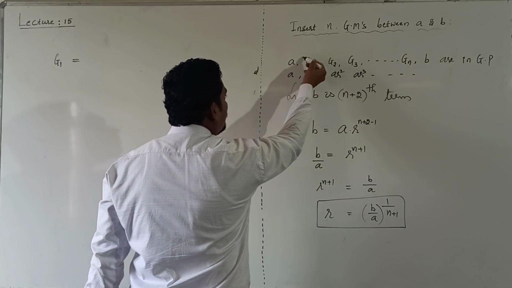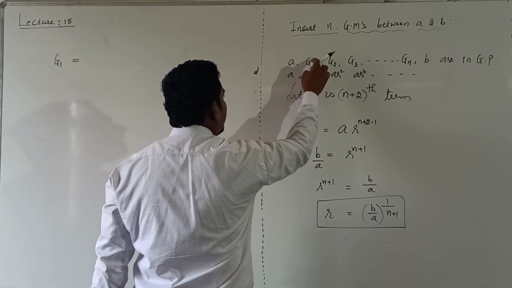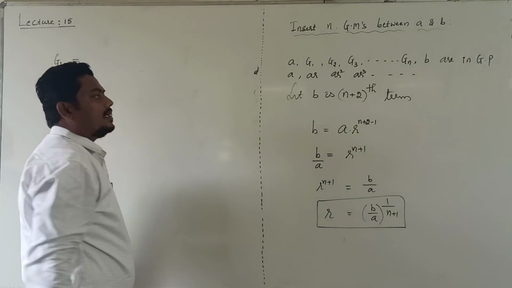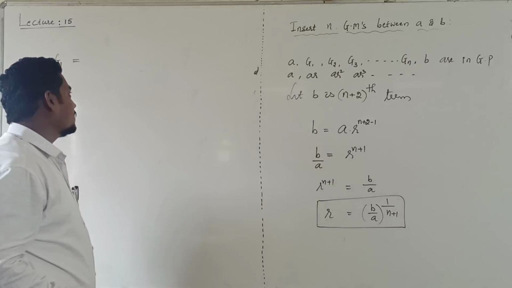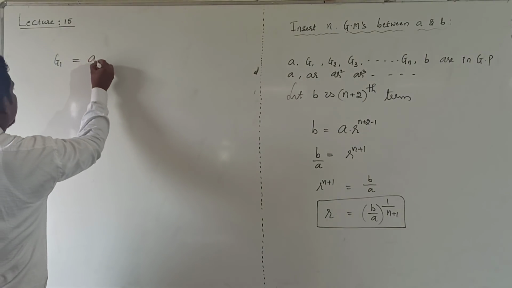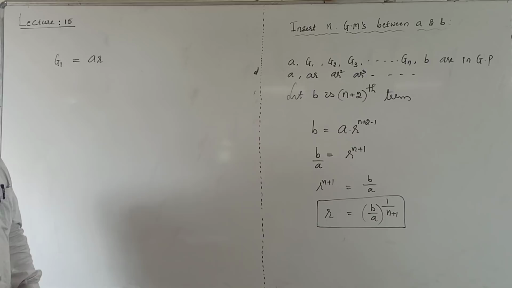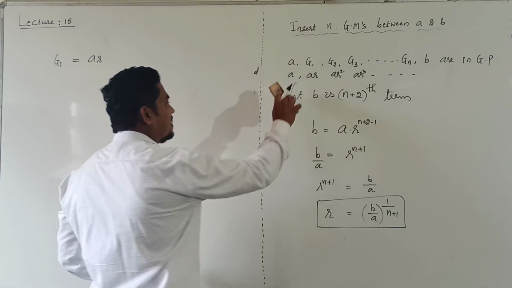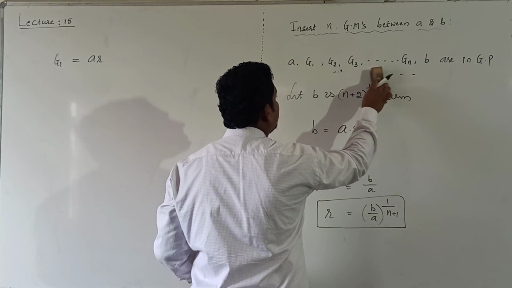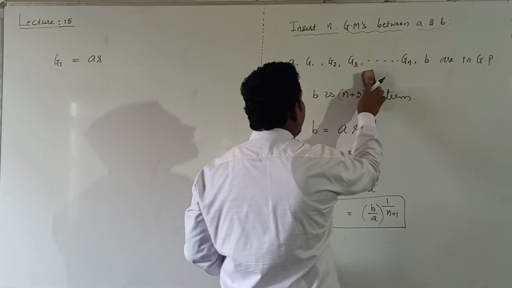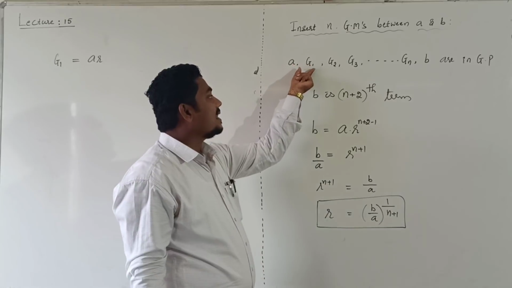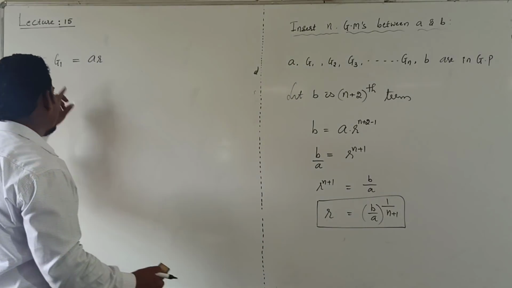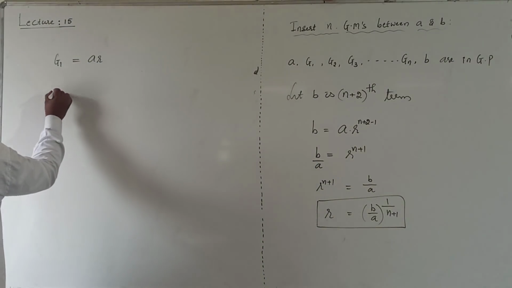Means its position is second. Inserting number 1, but it is the second term. So G1 value is A into R, not simply A. Remember this. G1 is the second term of this sequence, and the second term is AR only. So G1 is equal to A into R.